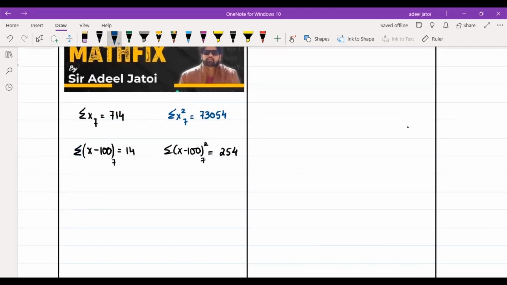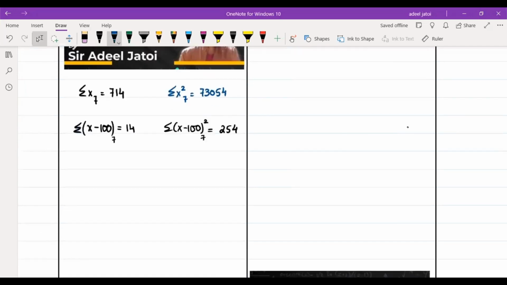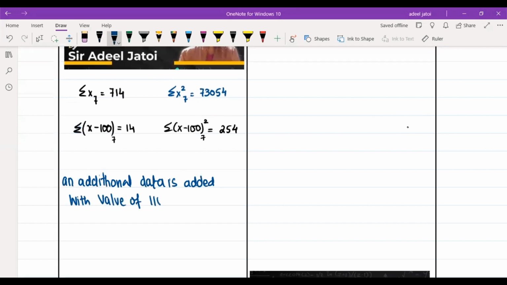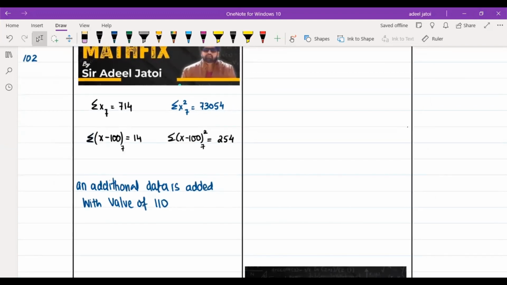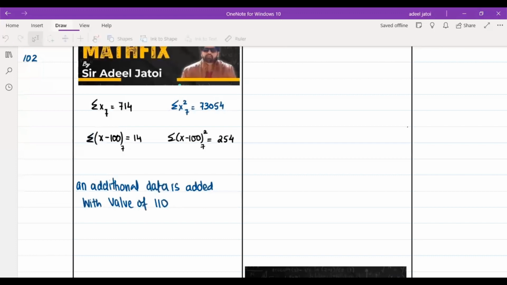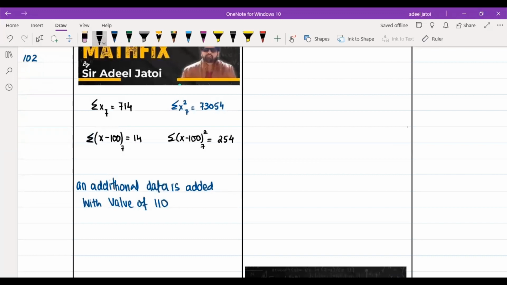Let's just say an additional data point is added, with a value of 110. First of all, you need to understand whether this is your normal data or your assumed data.